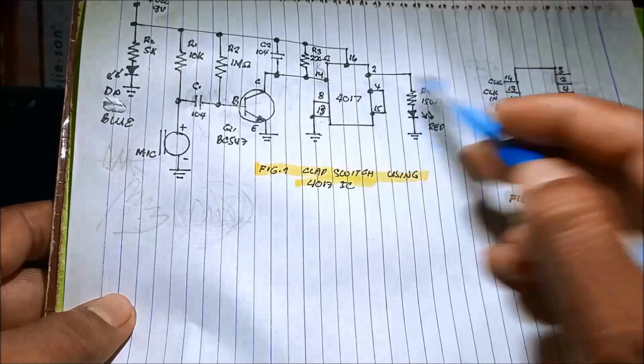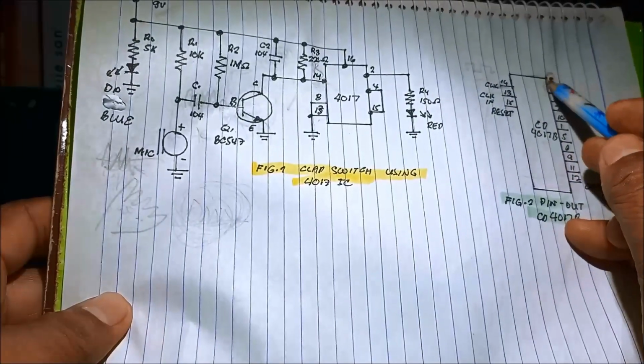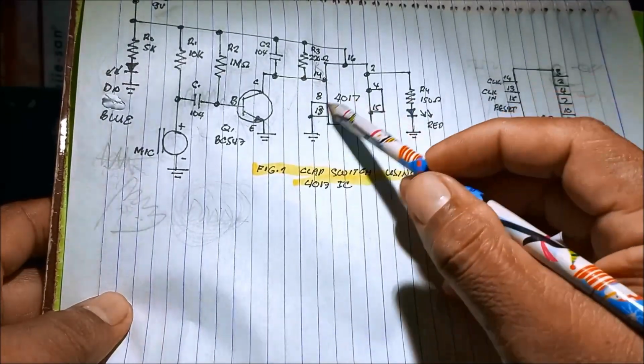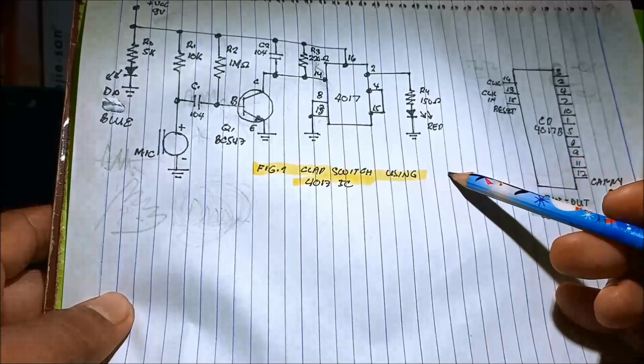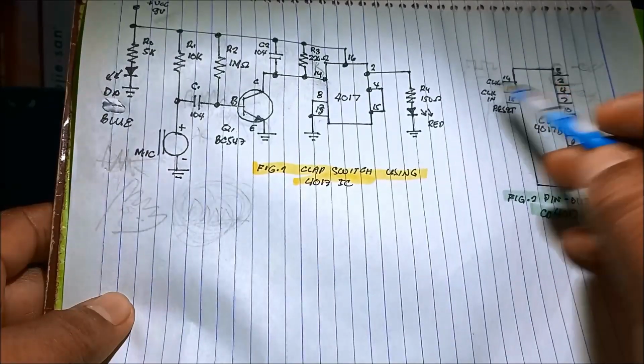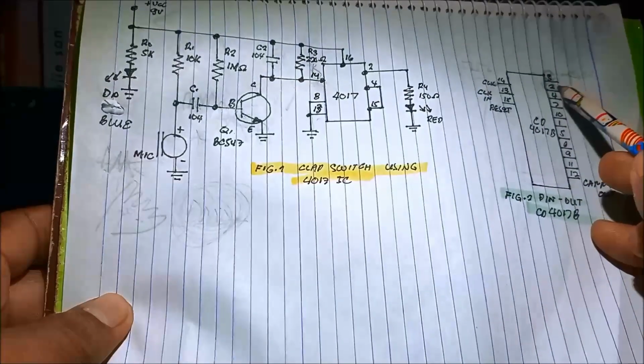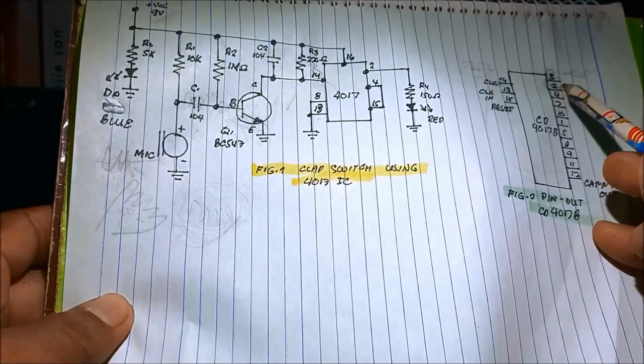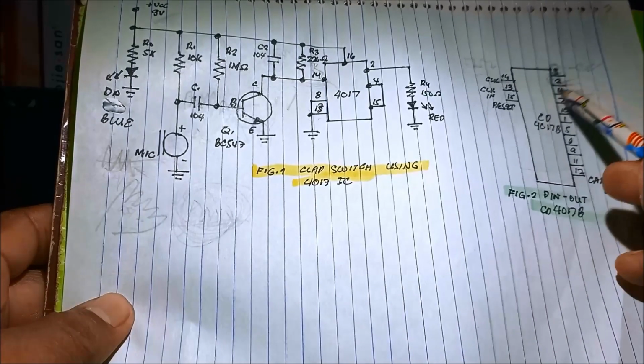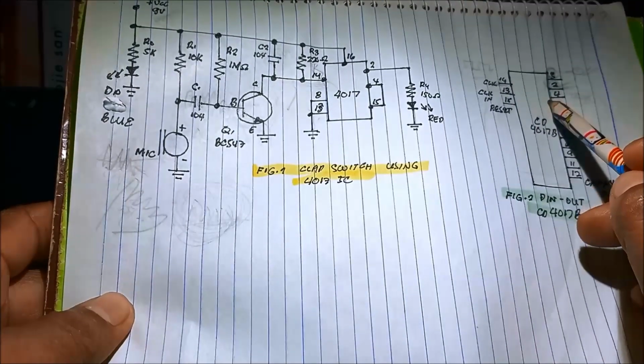So initially, pin number 3 is on. But here we don't have pin number 3. That's why when we clap, it advances to the next pin number 2. It will turn on the LED.